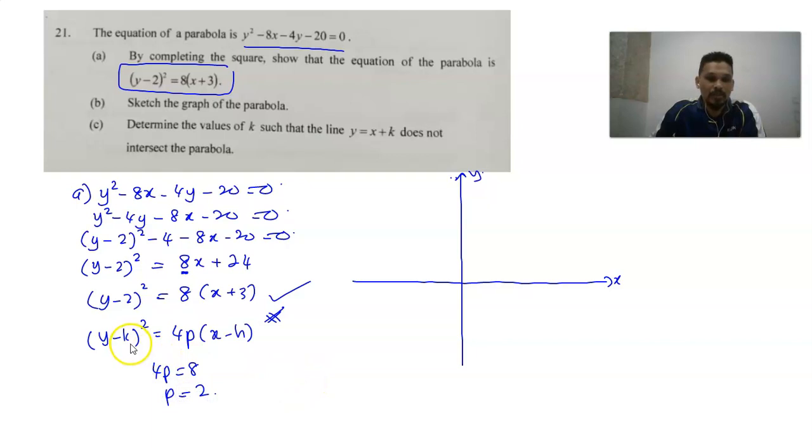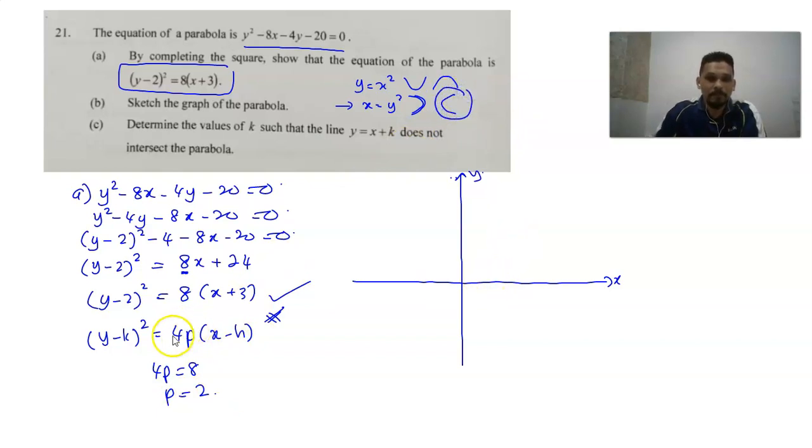For a graph of y equals x squared, the graph is either a smile or sad. The other way around, if x equals y squared, the graph is either open to the left or open to the right. So for p equal to 2, this is the one.